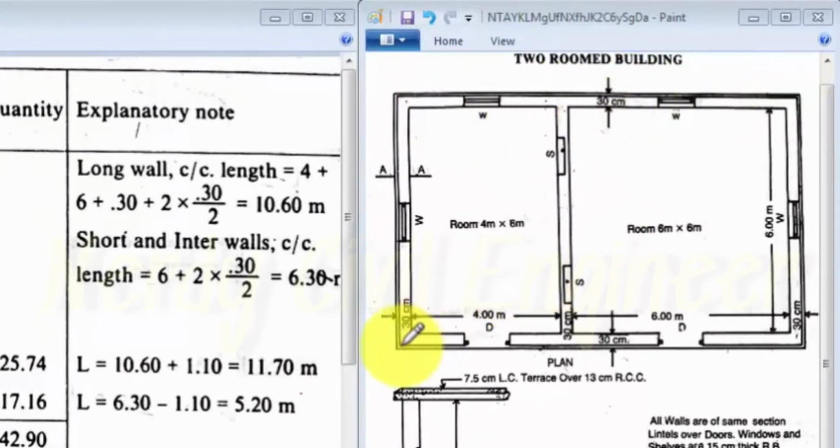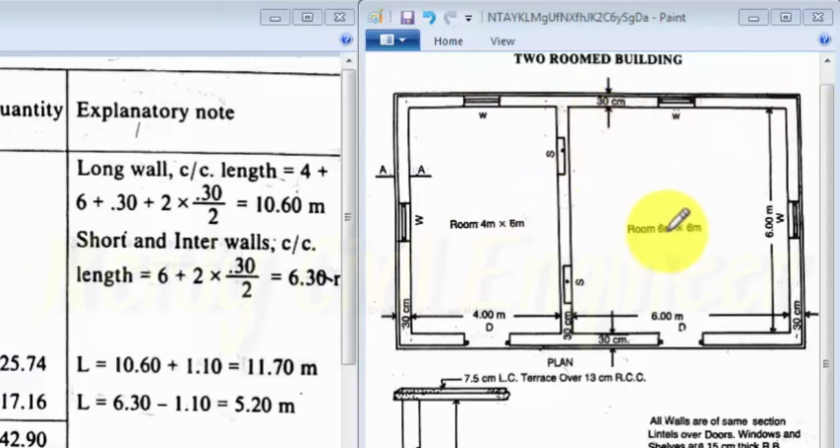1, 2, 3. I think I have already discussed how to find the length using the long wall and short wall method and the center line method as well. In both methods, you have to draw the center line of the plan. Suppose in the plan you see a wall having a thickness of 30 centimeter.